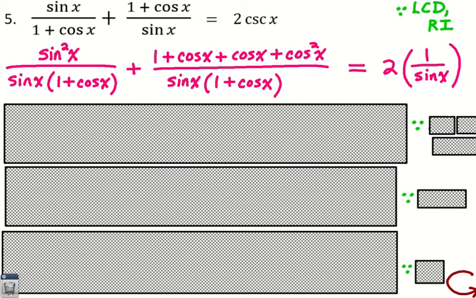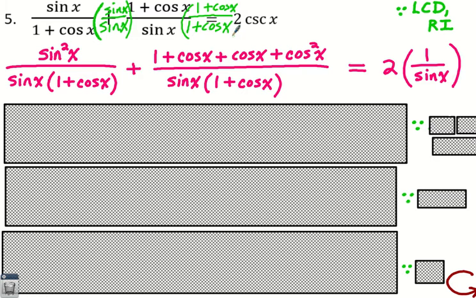Not to make this look super messy, but what I was essentially doing was multiplying this fraction by the sine of x, top and bottom, and multiplying this fraction by 1 plus the cosecant of x.